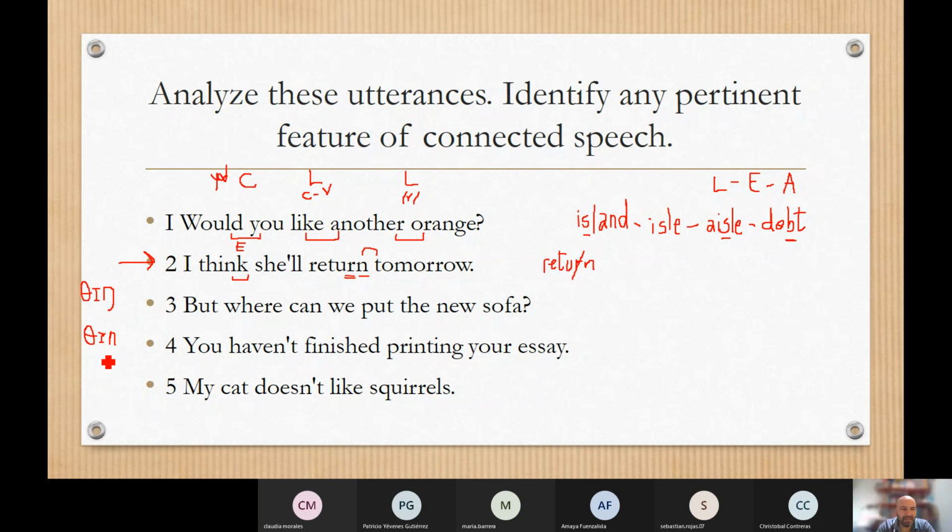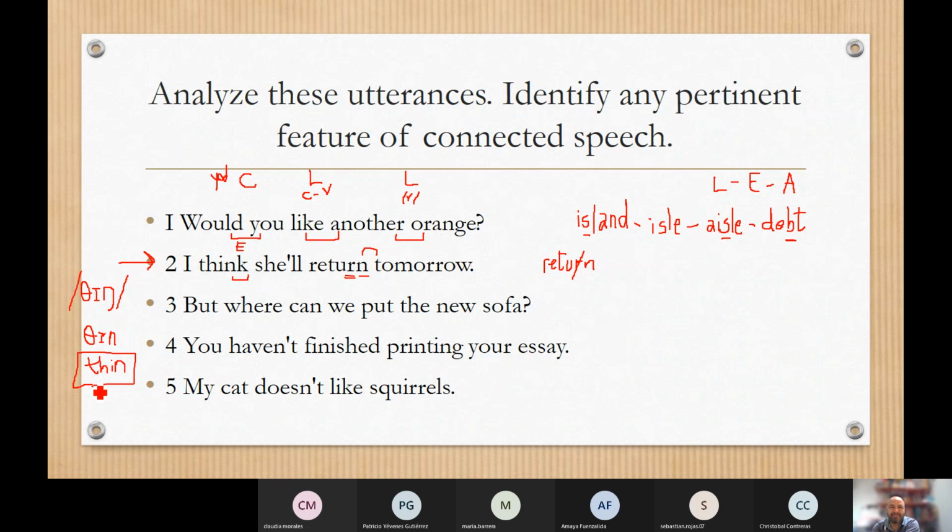Because if we say "I thin," we are basically talking about the adjective thin, like skinny, not fat. So if you are eliding the last consonant sound K, you have to anyway make a nasal "think." You don't want to be using this word. Instead of saying "yo pienso, yo creo," you would be saying "yo delgado." That doesn't make sense, right?